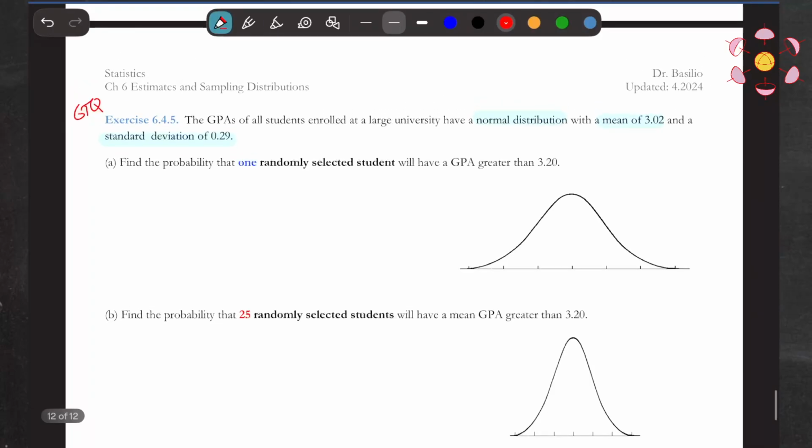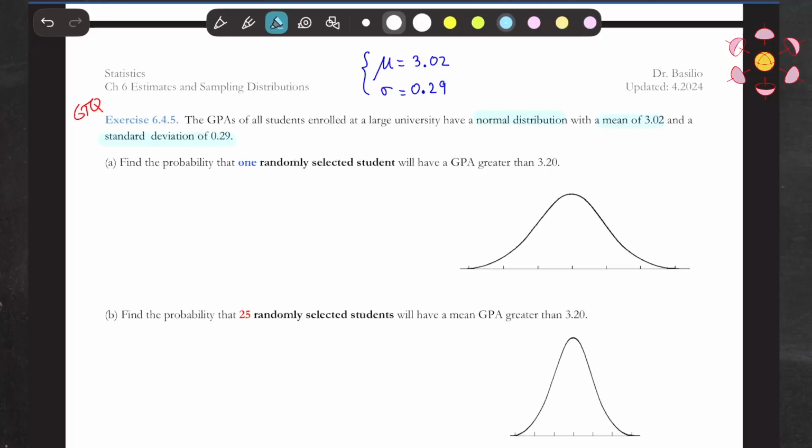All right, right off the bat, what this information is telling us is that we've got a mean of 3.02 is the GPA and a standard deviation of 0.29 of all students.